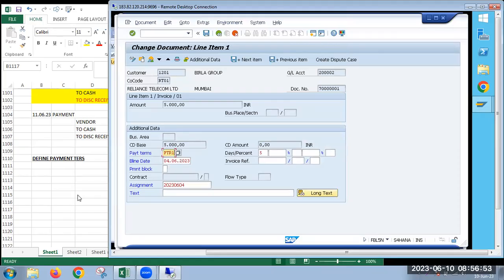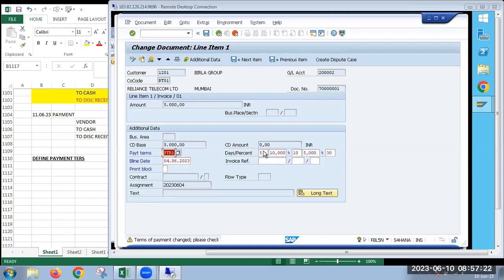Okay. Just a moment. Say with PTR1, you can see, yeah.